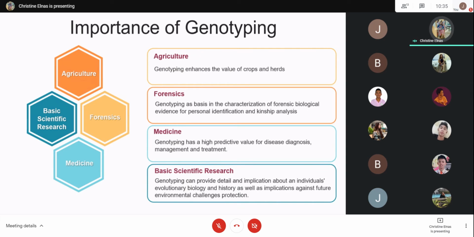For example, viruses or bacteria can be genotyped. Like I said, in this context, it can help in controlling the spreading of pathogens by tracing the origin of outbreaks.